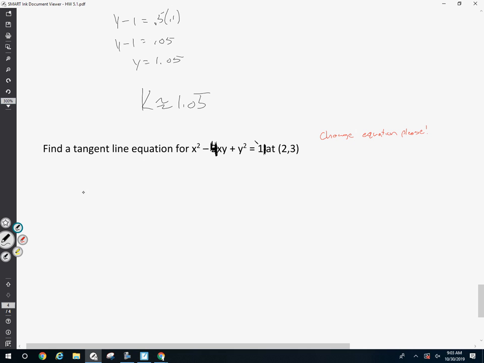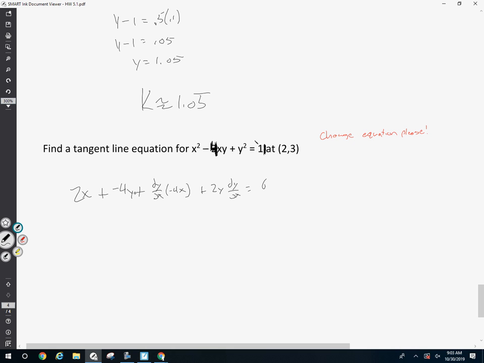All right, let's go. Derivative 2x. You can either bake in the 4 or leave out the 4. I don't care. Let's bake it in. Derivative of negative 4x times y plus the derivative of y times negative 4x. The negative 4 gets baked in. 2y dy dx equals 0.